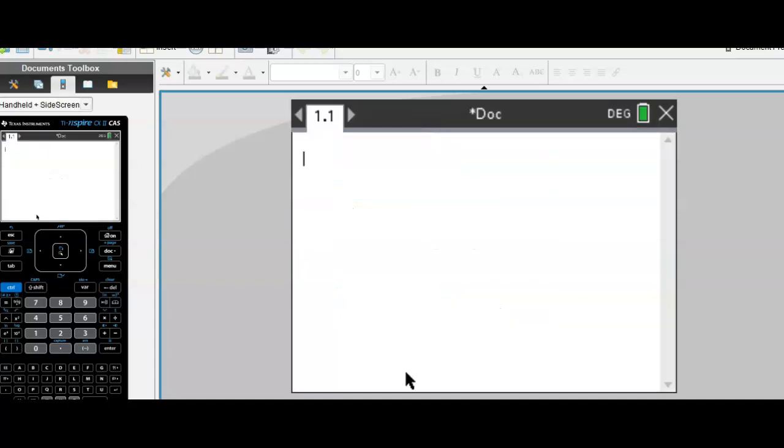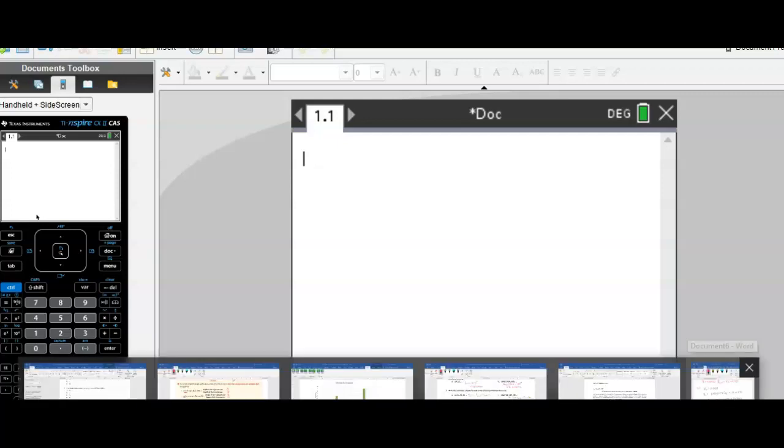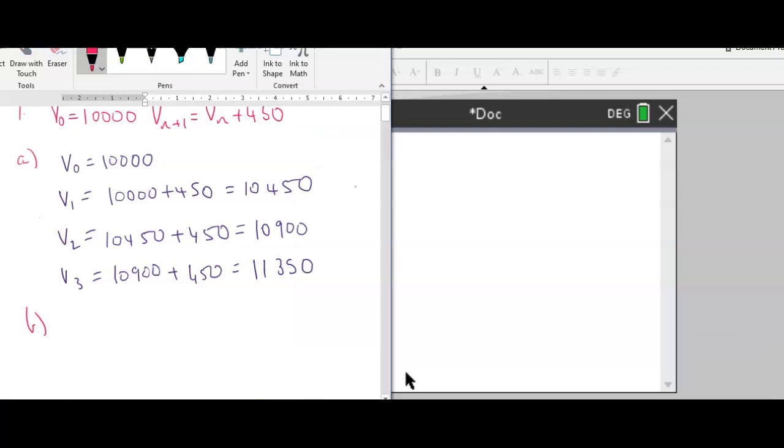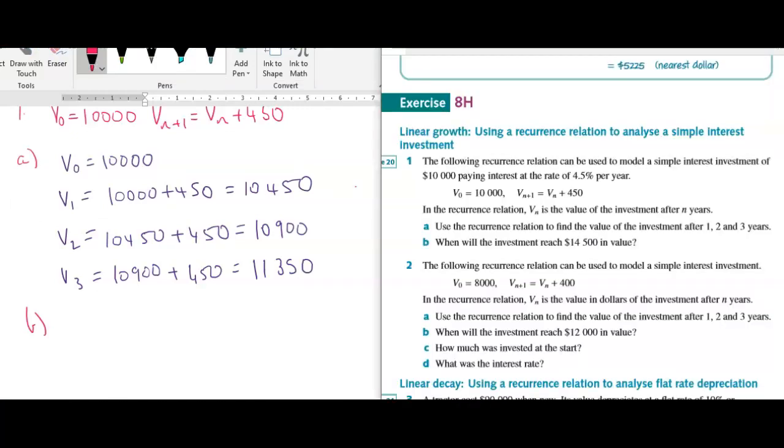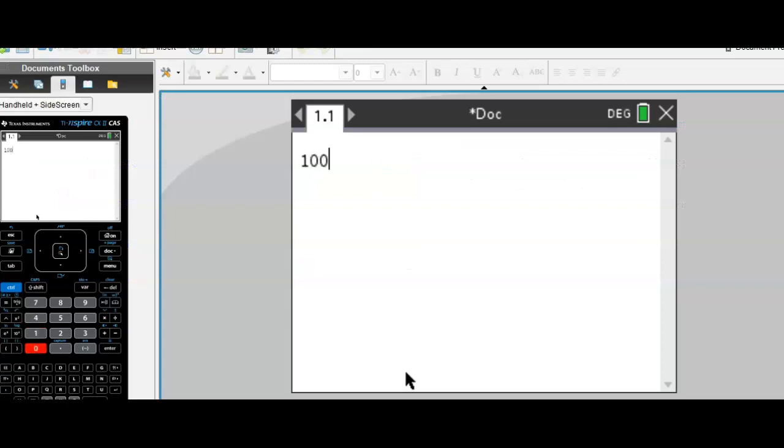Okay, so 10,000 and adding 450 each time. So 10,000 adding 450.